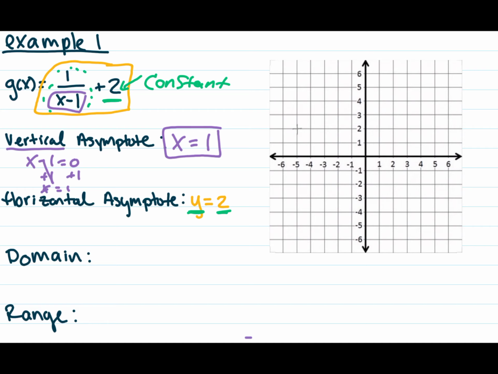Alright, so let's go ahead and graph this. So if I remember correctly from yesterday, vertical asymptotes go through the x-axis at a number. So we're going to draw that dotted line going through x at the value 1. So there is our VA, and then our horizontal asymptote goes to the y-axis at 2. And that is our HA, horizontal asymptote.